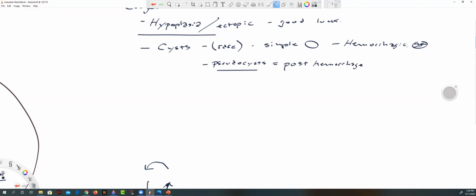Not a hemorrhagic cyst. I mean hemorrhage, as in the adrenal gland is bleeding. And adrenal glands do bleed, by the way. They're very vascular structures. So pseudocyst might be post-hemorrhage. It's just kind of whatever's left over.